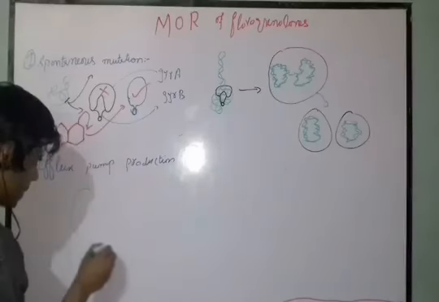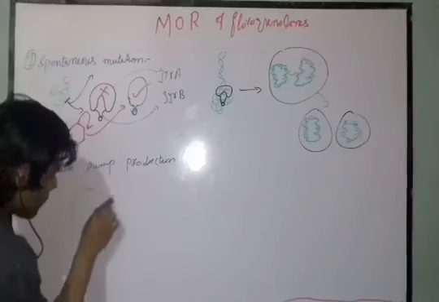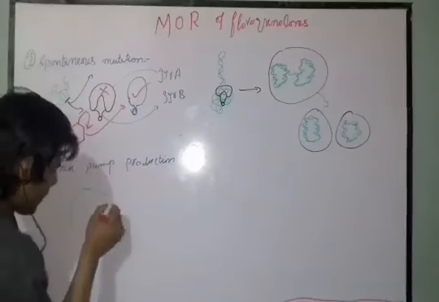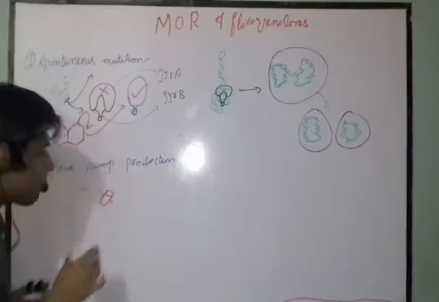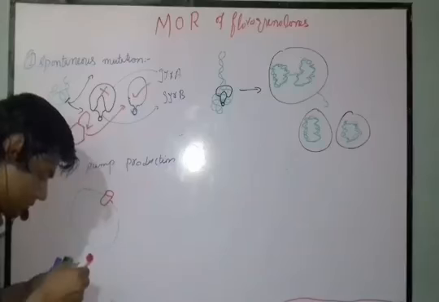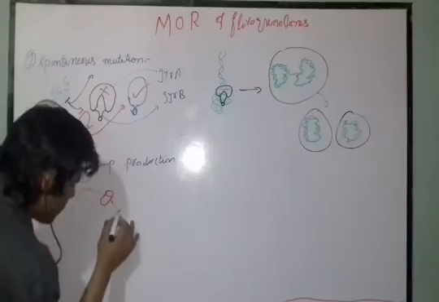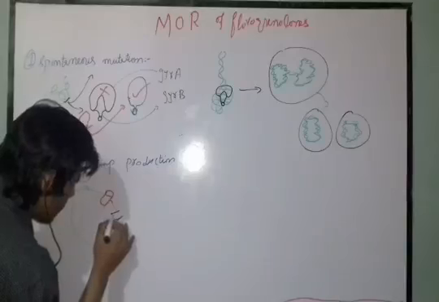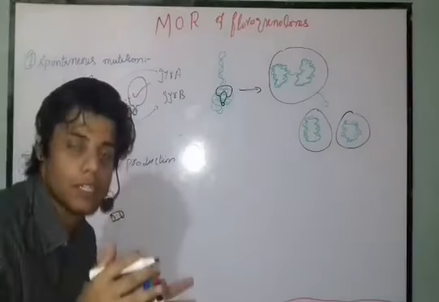Let's suppose this is a bacterial cell. Now, this red color, let's suppose, represents the porin channel, and this area represents the efflux pumps.